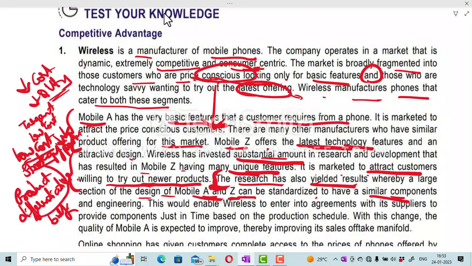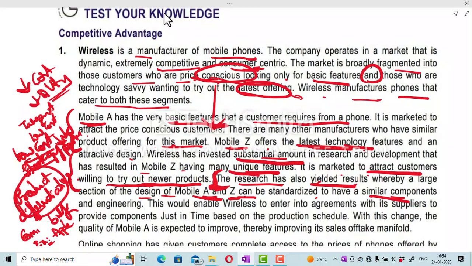What is the risk in product differentiation? The competitor may copy our product. They can copy the features and design and prepare an exact replication of a product. An example is OnePlus. OnePlus is a replica of Apple. They have copied each and every design and feature of our product, and they have entered the market.